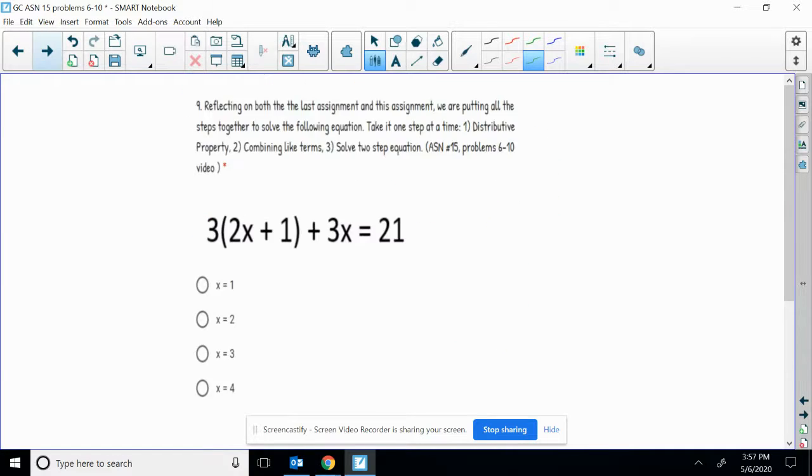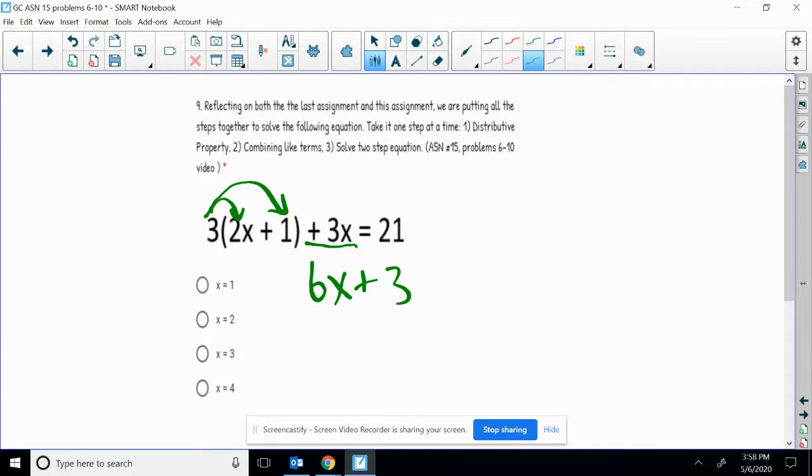Okay, now we're going to combine 9 and 10. We're going to combine all the skills that we've been talking about to solve 9 and 10. All right, so I have 3. I'm going to do distributive property first. 3 times 2x, 3 times 2, is 6x. Then 3 times 1 is 3.